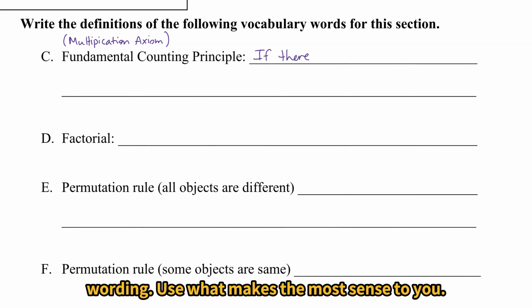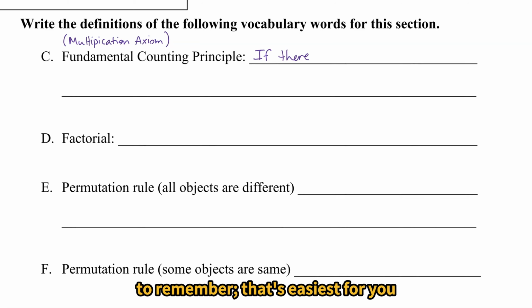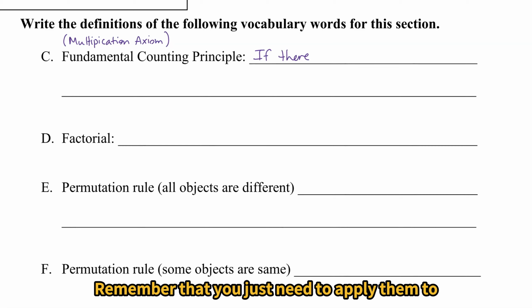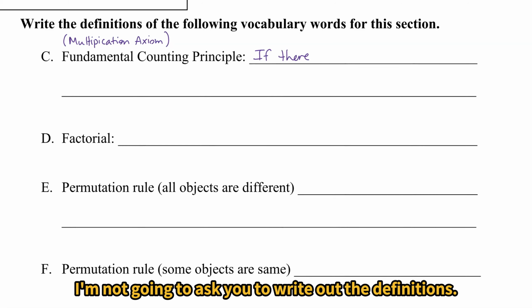Use what makes the most sense to you. Use the definition that is easiest for you to remember, that's easiest for you to connect to and understand. That's the important part with these definitions. Remember that you just need to apply them to the situations at hand. I'm not going to ask you to write out the definitions.